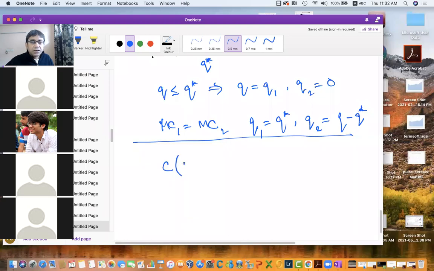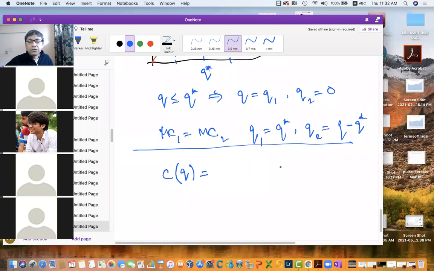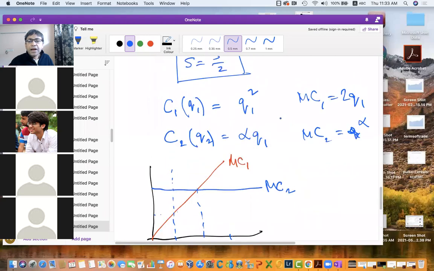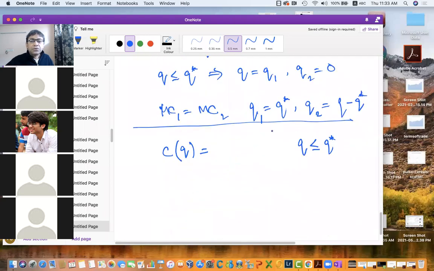So what is the cost function in this case? You'll have to write it in this manner: Q less than or equal to Q star. There, all the output goes to factory 1, and factory 1 has this cost function, so the combined cost function will be Q squared in this range.